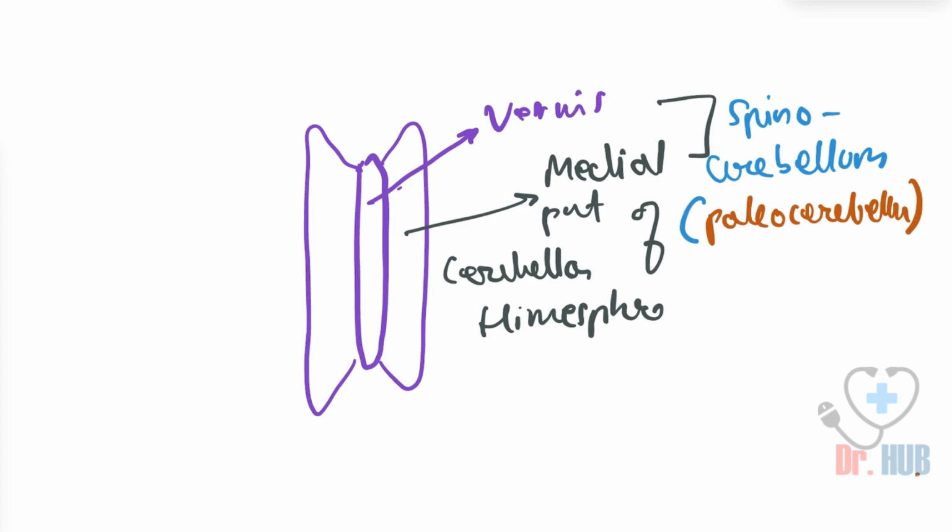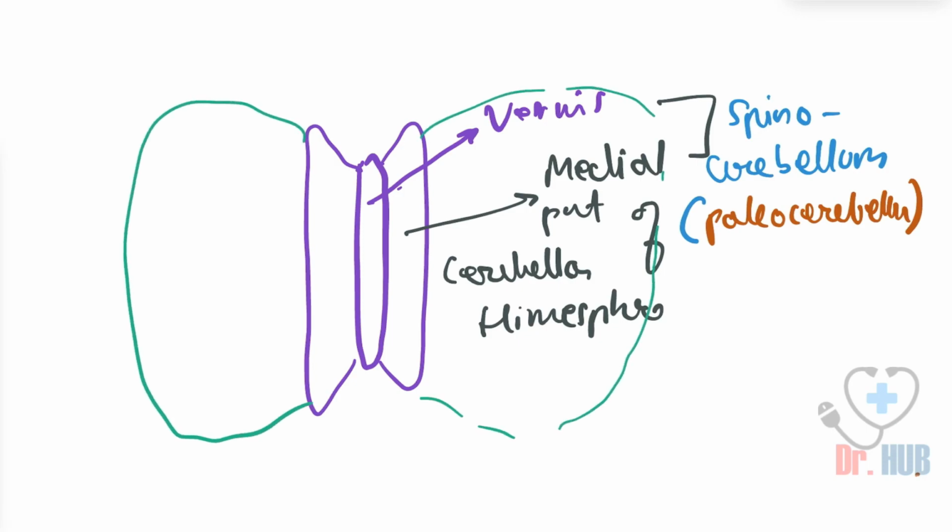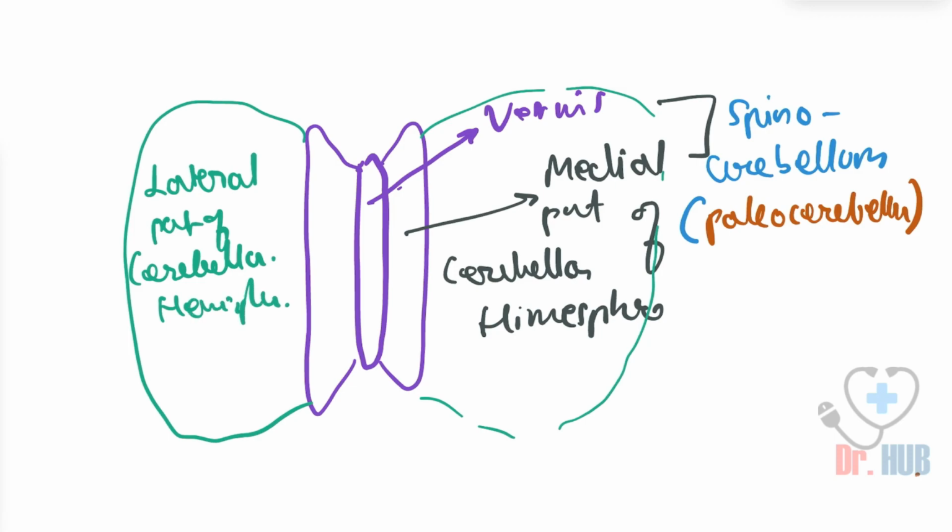Then we move on to the lateral part of the cerebellar hemisphere. This is all under the cerebrocerebellum, that is nothing but the neocerebellum.